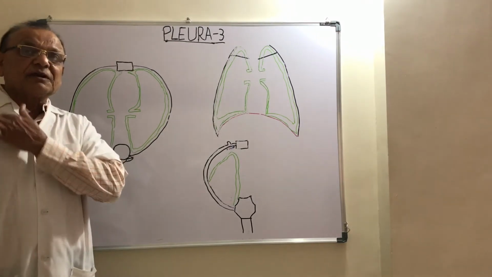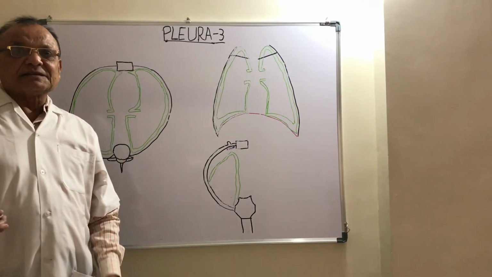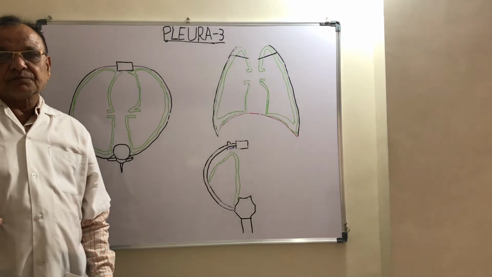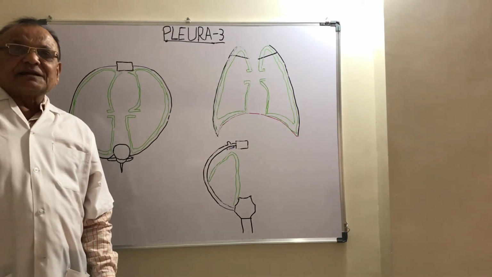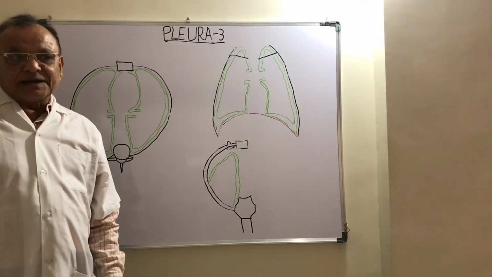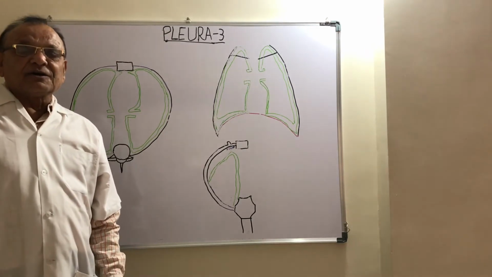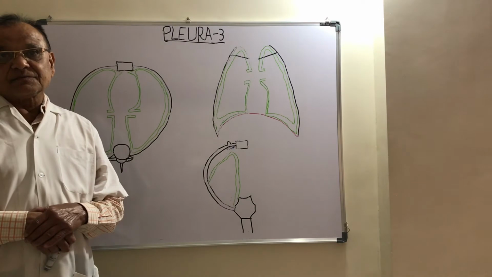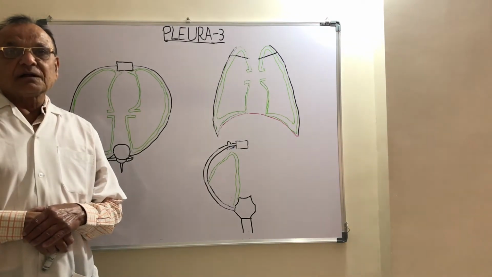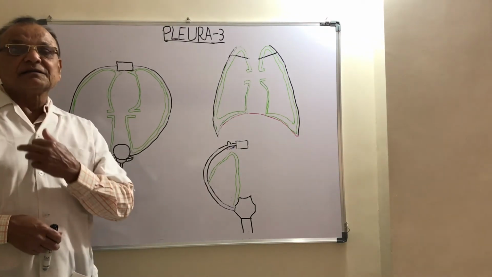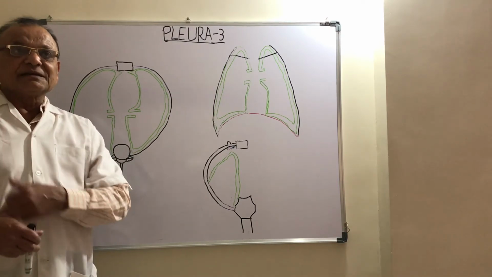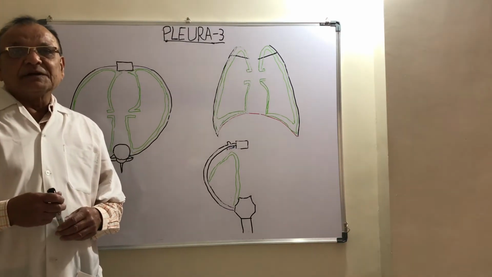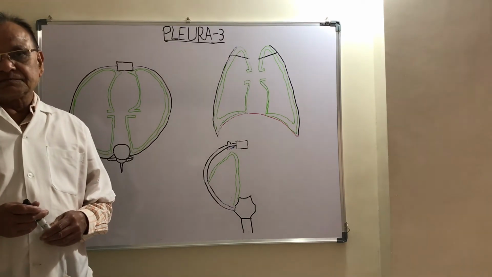In the mid-clavicular line, the lung extends up to the 6th rib, in the mid-axillary line up to the 8th rib, and in the mid-scapular line up to the 10th rib.